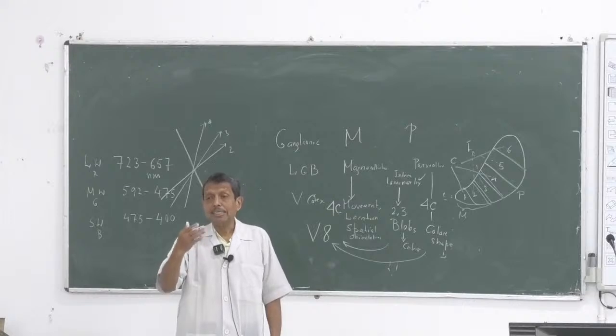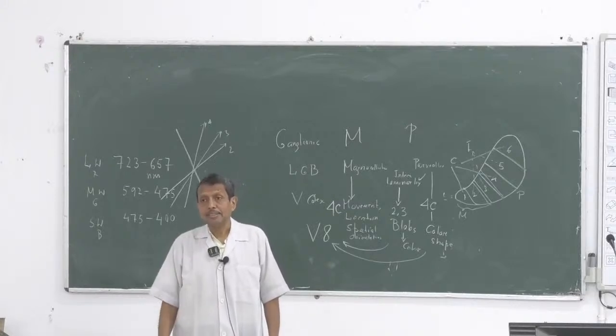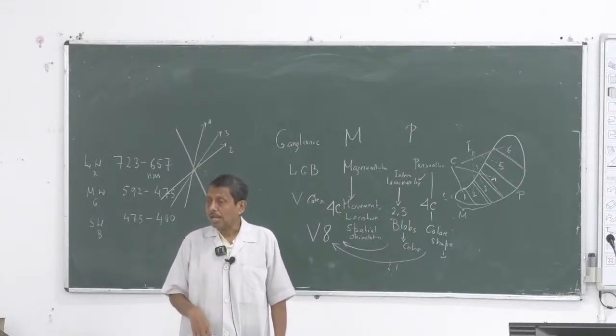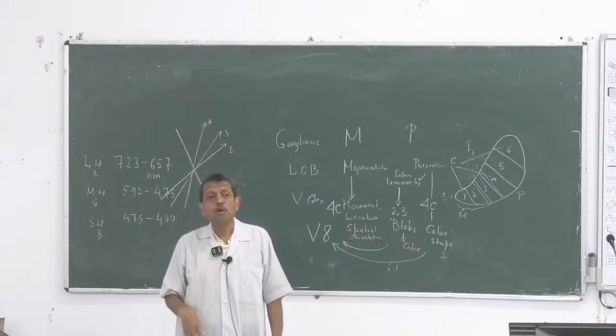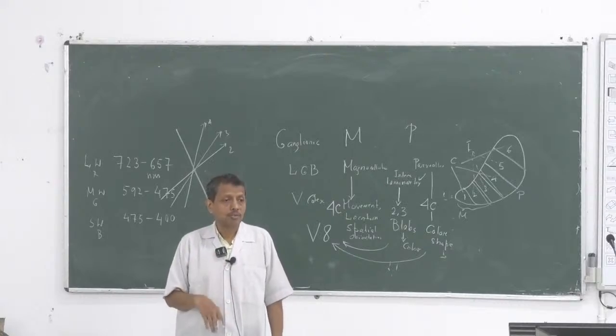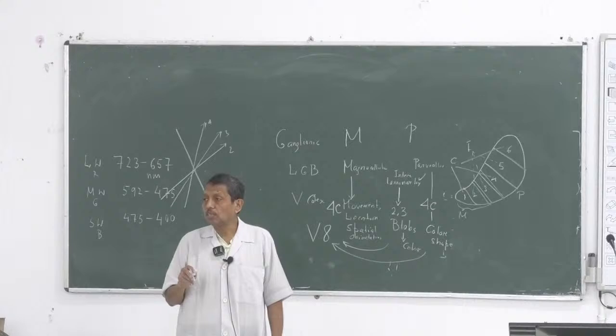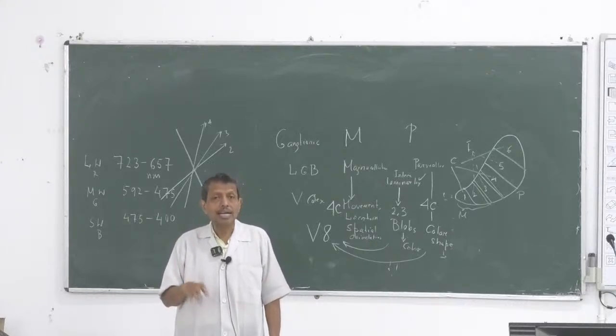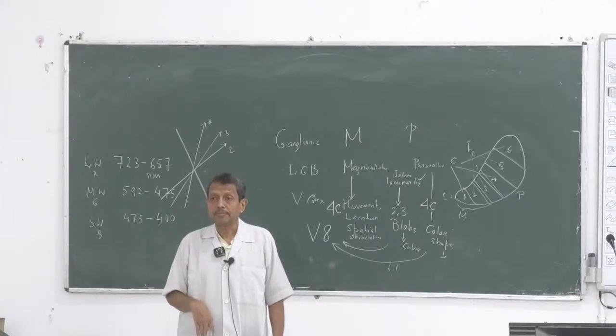The second image gives rise to the third image by the ganglionic cell layer, and there is scope of modification there by the amacrine cells. The third image ultimately goes into the lateral geniculate body, where there is not much alteration, and the third image goes into the brain. And when it goes into the brain, for a single optic nerve fiber, there are 1000 cells, and these cells are analyzing its different aspects.